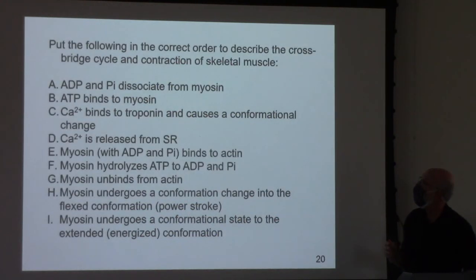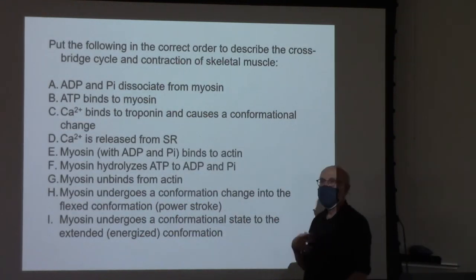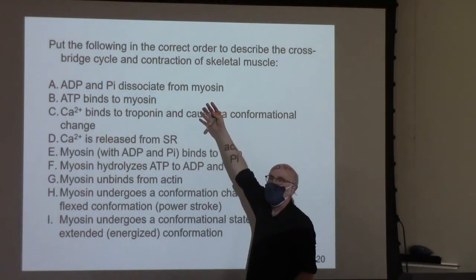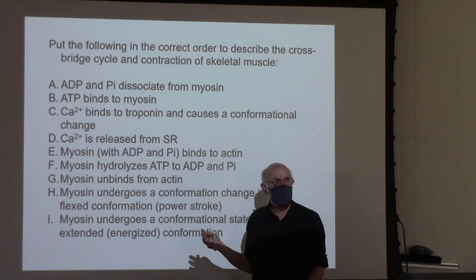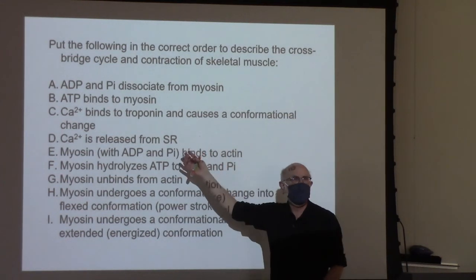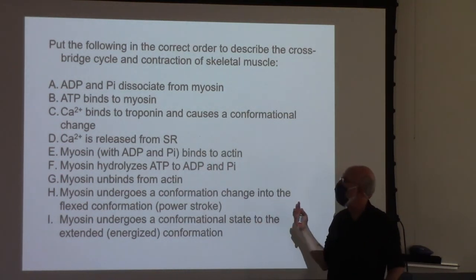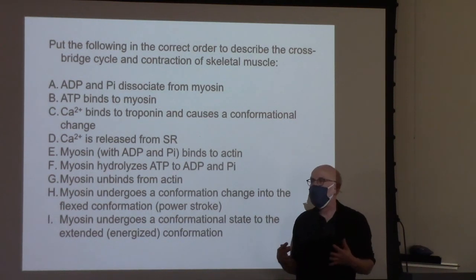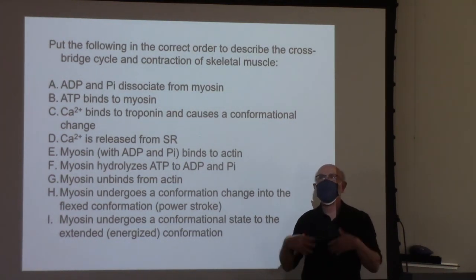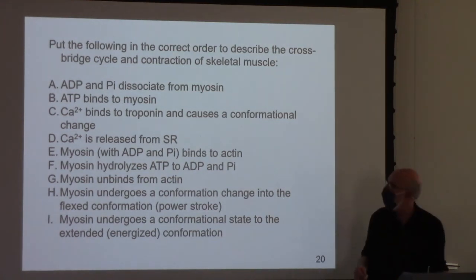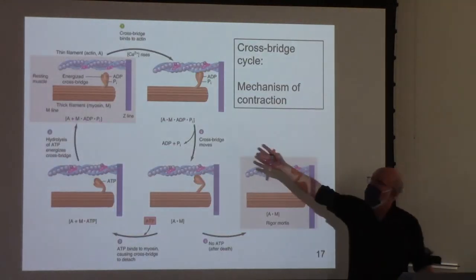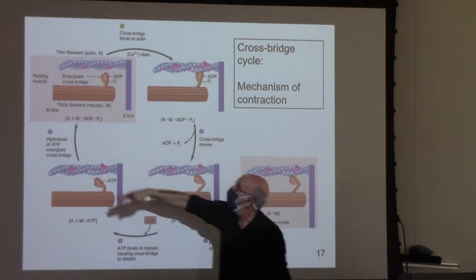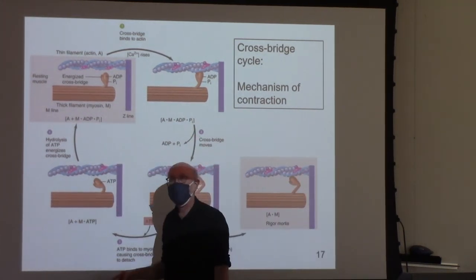So the next slide, this one I will do as homework. I'm going to ask you, as homework, to put this in order. This is just a summary of the mechanism of contraction of the sarcomere. The cross-bridge cycle. This cycle, which shortens the sarcomeres.